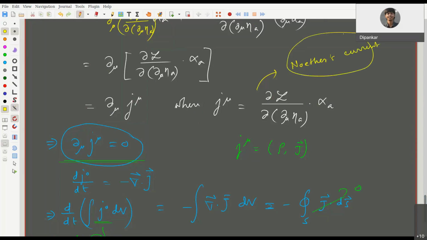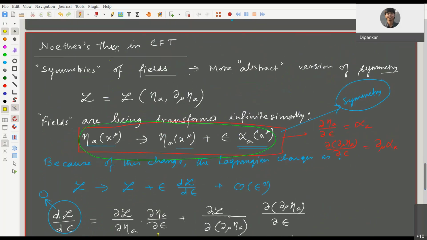So this is very general. Remember, I have not even told you what my eta A are. This is a general theoretical framework that I am developing, and I am saying that if for a theory I can somehow guess a Lagrangian density of this form.